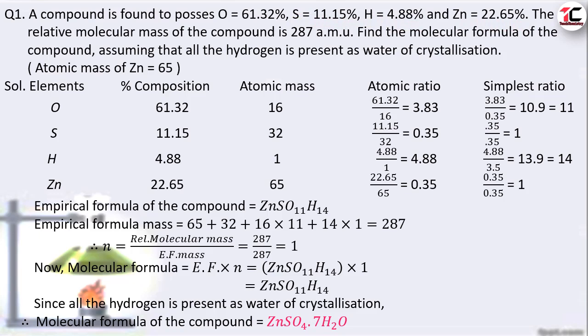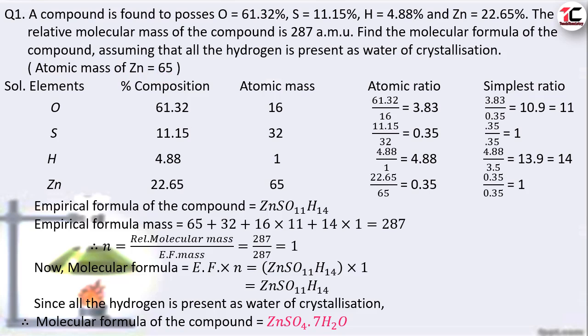The relative molecular mass of the compound is 287 AMU. We have to find the molecular formula of the compound. Here we have to assume that all the hydrogen is present as water of crystallization. Atomic mass of zinc is 65. We know the atomic mass of oxygen, sulfur and hydrogen.